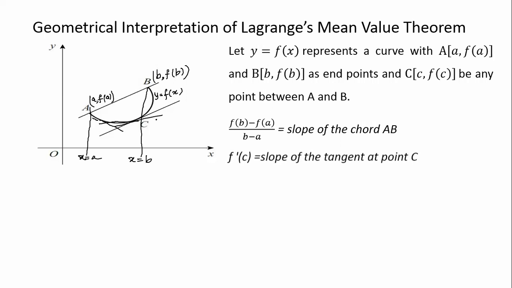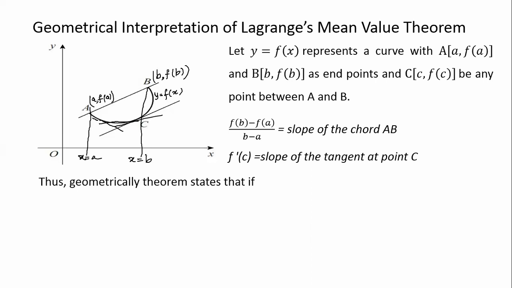As such, if we draw a tangent at C, you can see f dash of c is going to be the slope of the tangent at point C, and we can see that the tangent at C is exactly parallel to the chord AB.